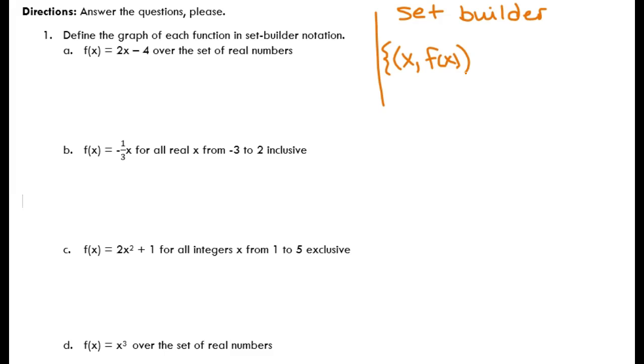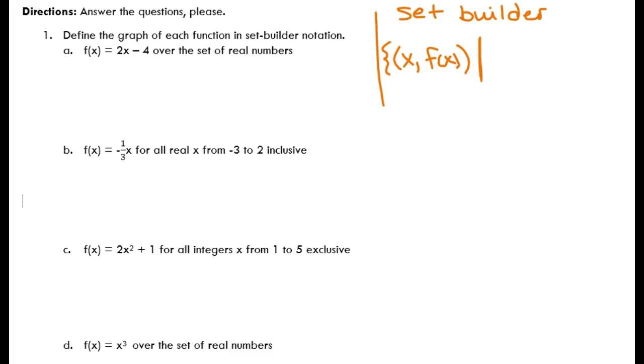And then you put a bar, kind of like an absolute value bar. If you were looking at a keyboard, this is the one that's under backspace. It has the straight line, and then the backslash or forward slash, whatever that is. And then you say what kinds of x's you can use.